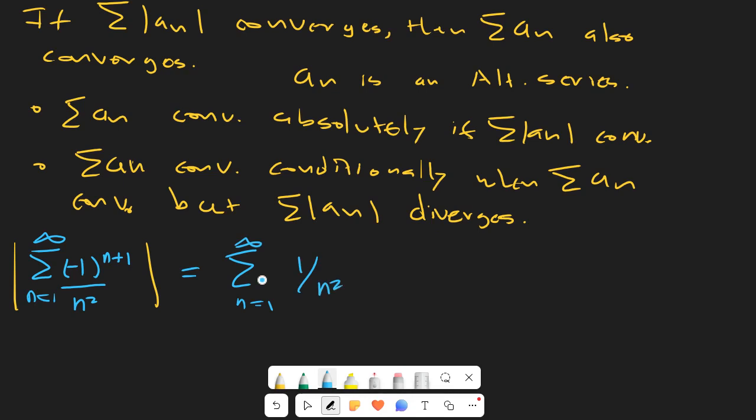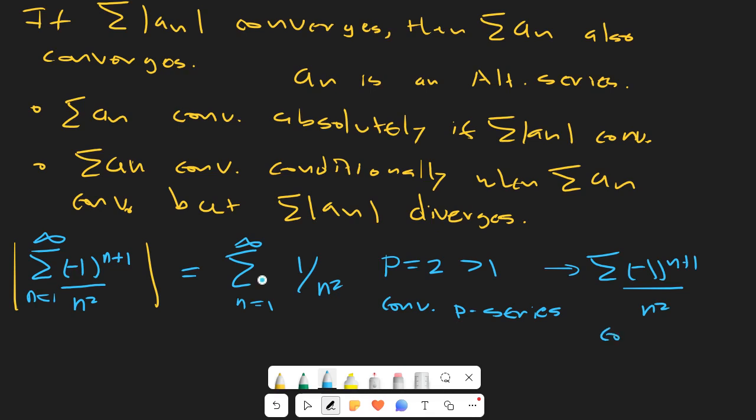But we could apply the p-series test, which says that p equals 2, which is greater than 1, which naturally says that this is a convergent p-series. Now, because under the absolute value it converges, this would imply that the series of -1 to the nth times n plus 1 over n squared converges absolutely.